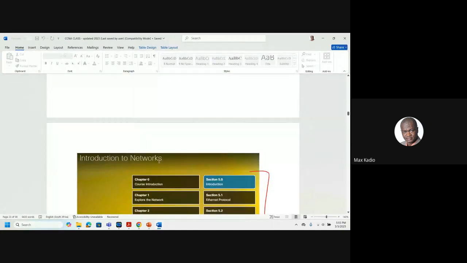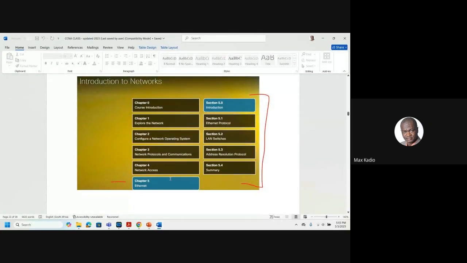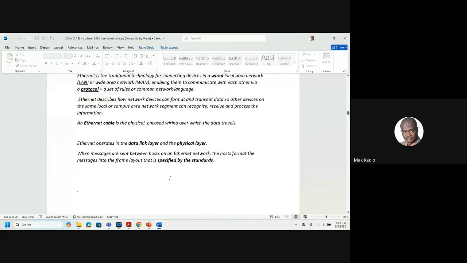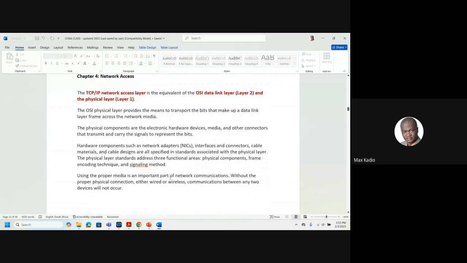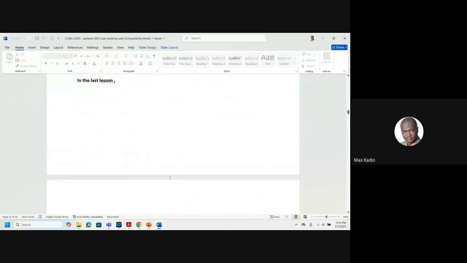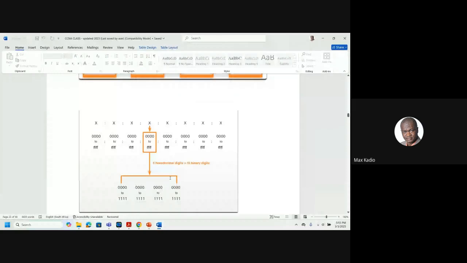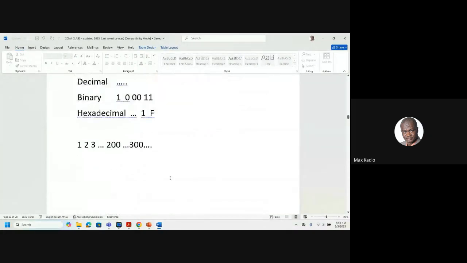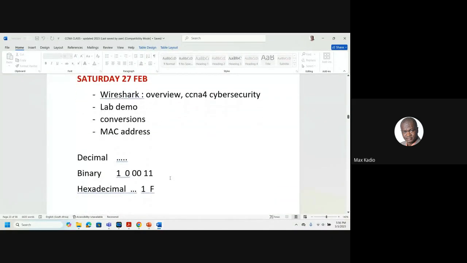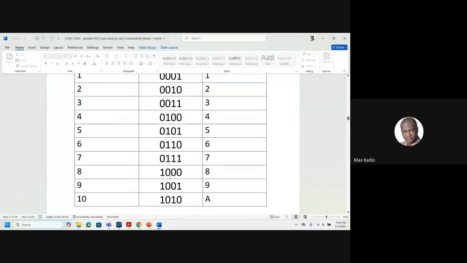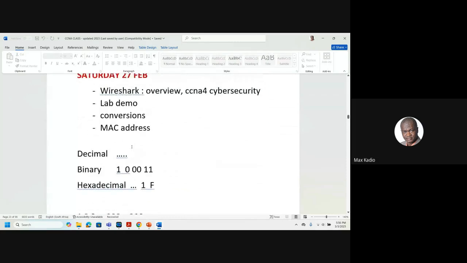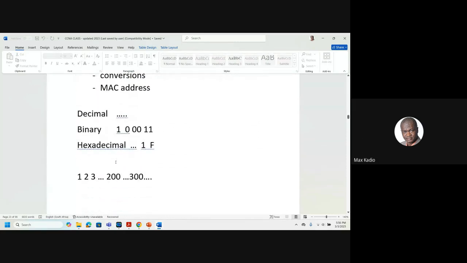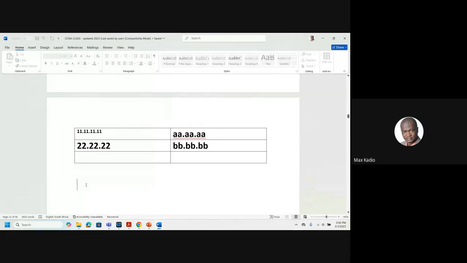This one is which chapter? Now this one is the older. One second for me, please. Okay, let's do some conversions straight. Conversions. It's very simple.